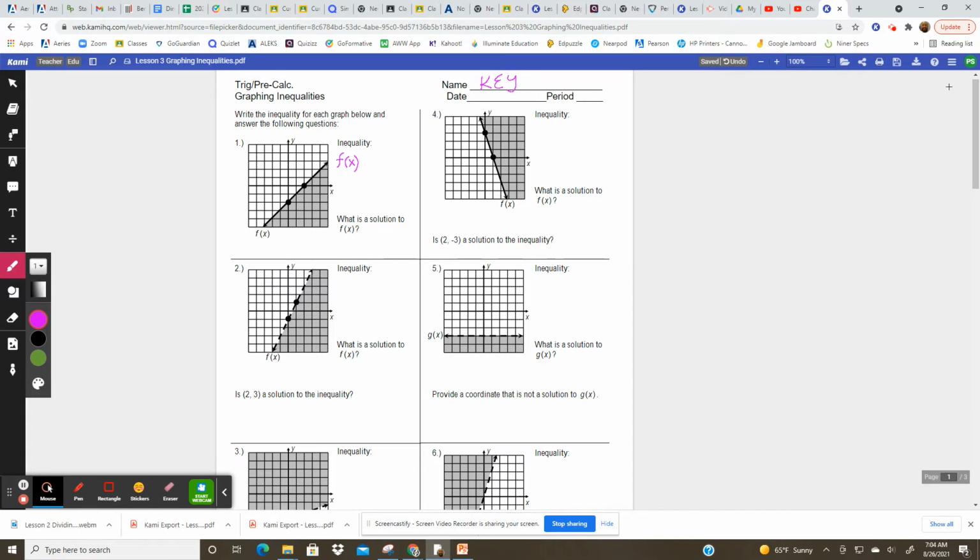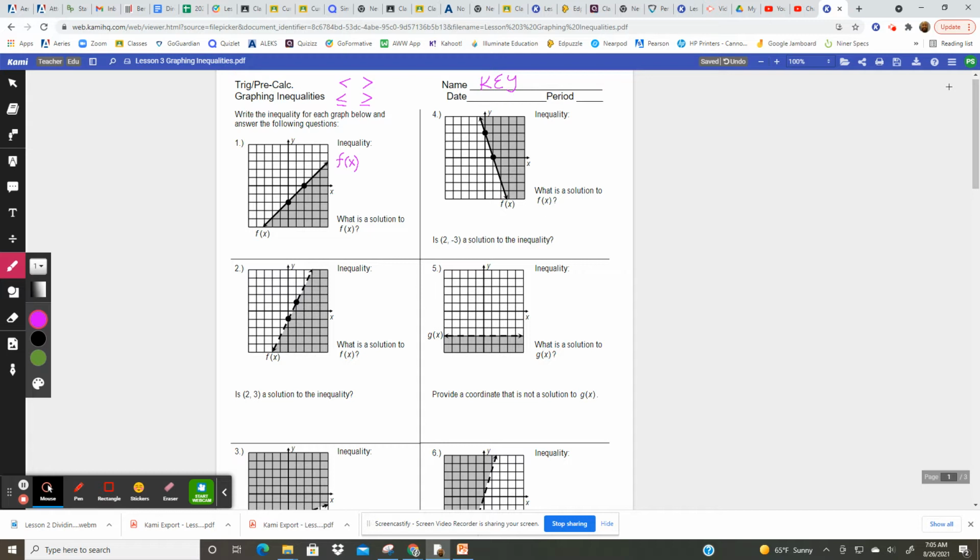Now the next one is going to be either a less than, a greater than, a less than or equal to, or a greater than or equal to. So it's one of these four. Here's what you do. First, you look and see that it's a solid line.